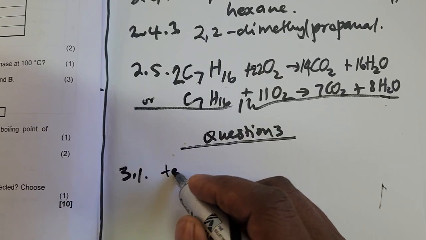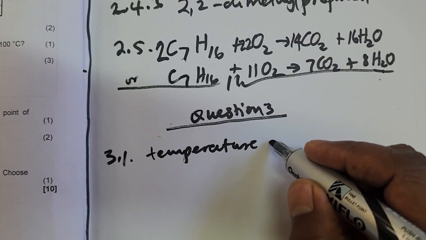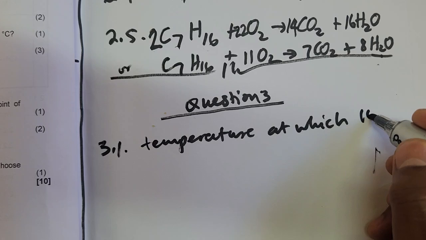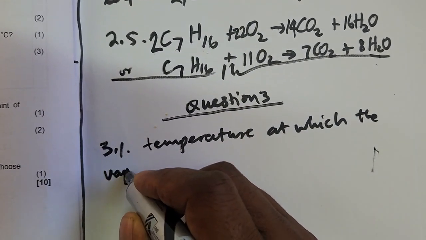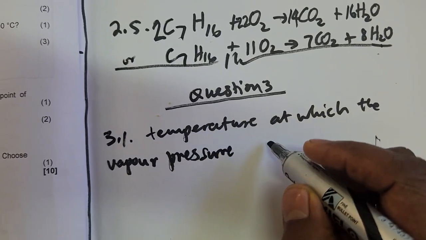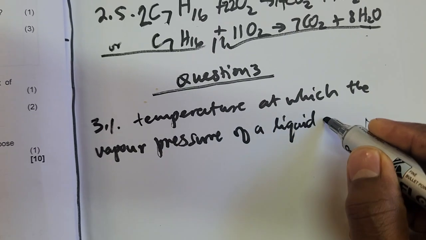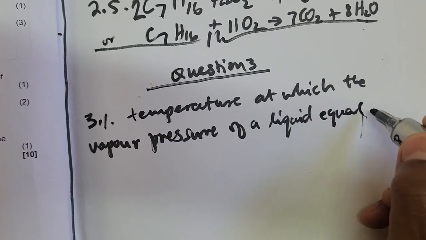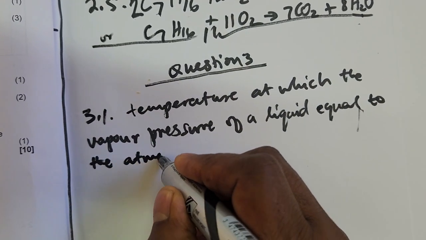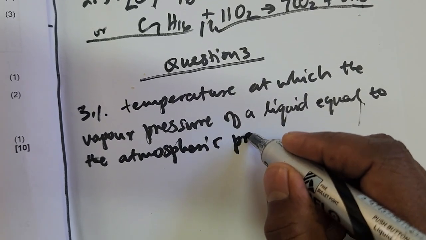Now, this one will be the temperature at which the vapor pressure of a liquid equals the surrounding atmospheric pressure.